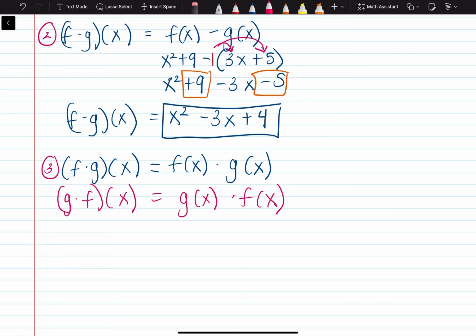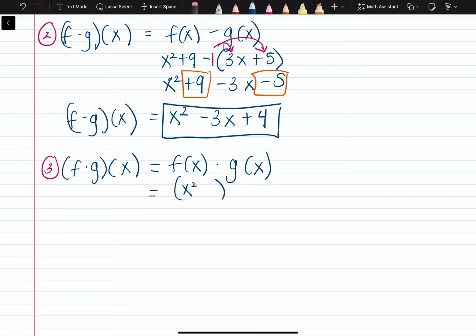That just means that you do the g function first. In the case of multiplication, it's not going to affect your answer, but in something like subtracting, it definitely will. So it's not always the f that goes first. It's not always a function defined by the letter f. There can be various letters there. Here, you would again substitute in the two functions. On multiplication, make sure that you're really picky about those parentheses.